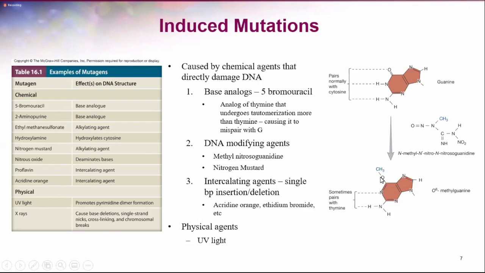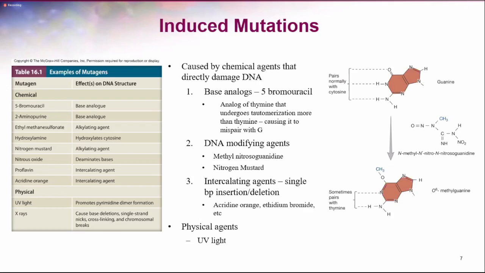In this case, with that oxygen gone, and now it's methylated, it no longer can take part in that hydrogen bonding with cytosine. So now it's no longer going to hydrogen bond with cytosine, and instead it's going to base pair with thymine. Of course, then that can, on a subsequent replication, result in mutations.